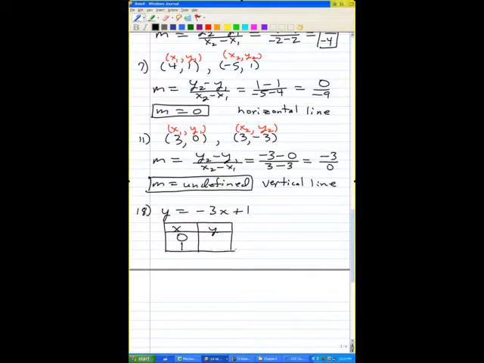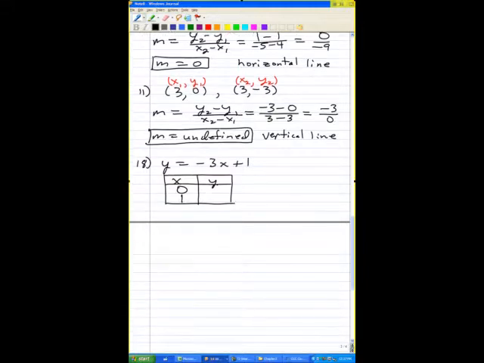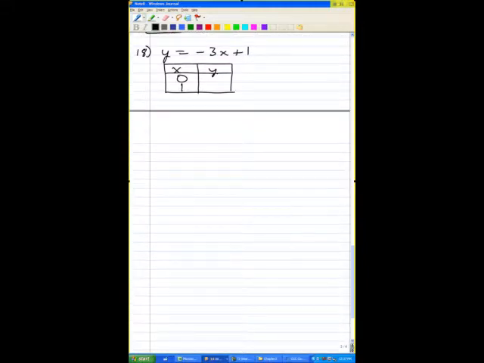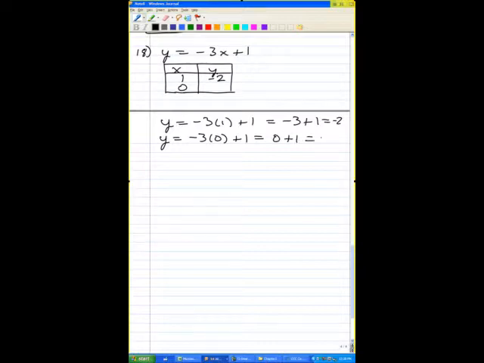I'll do a 1 then a 0. When x is 1, I get negative 3 plus 1, which is negative 2. When x is 0, I get 0 plus 1, which is equal to 1.